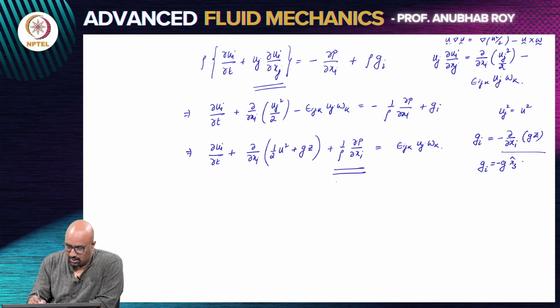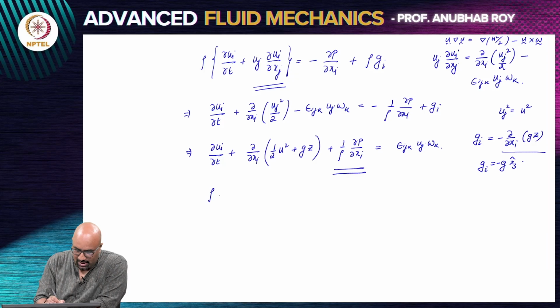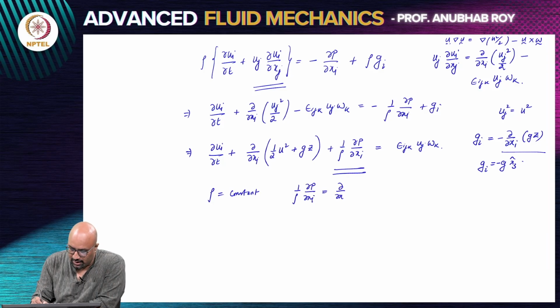Now the term which involves pressure, if I have rho as a constant, then 1 by rho ∂p/∂x_i becomes ∂/∂x_i of p by rho.